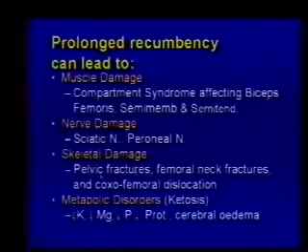Skeletal damage, pelvic fractures, femoral neck fractures, and coxofemoral dislocations can also predispose the cow to downer cow syndrome. And there are metabolic disorders such as ketosis. A decrease in potassium, hypomagnesemia or hypophosphatemia can also predispose the cow to the downer cow syndrome.